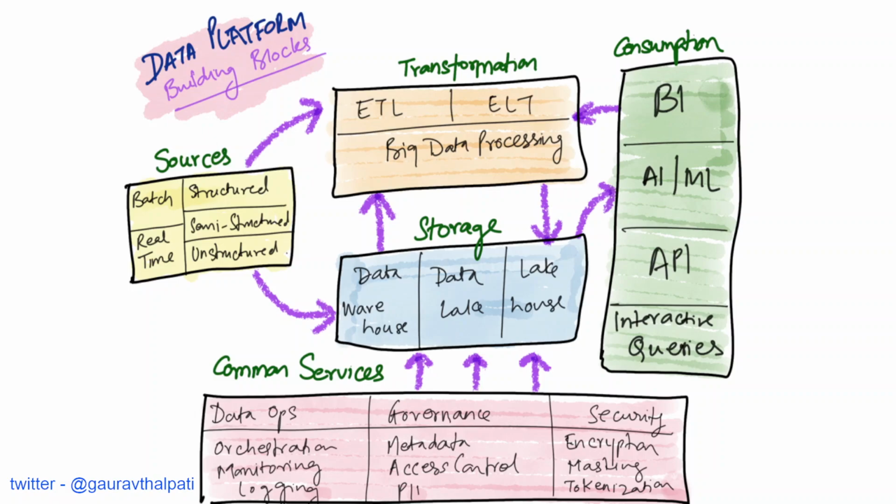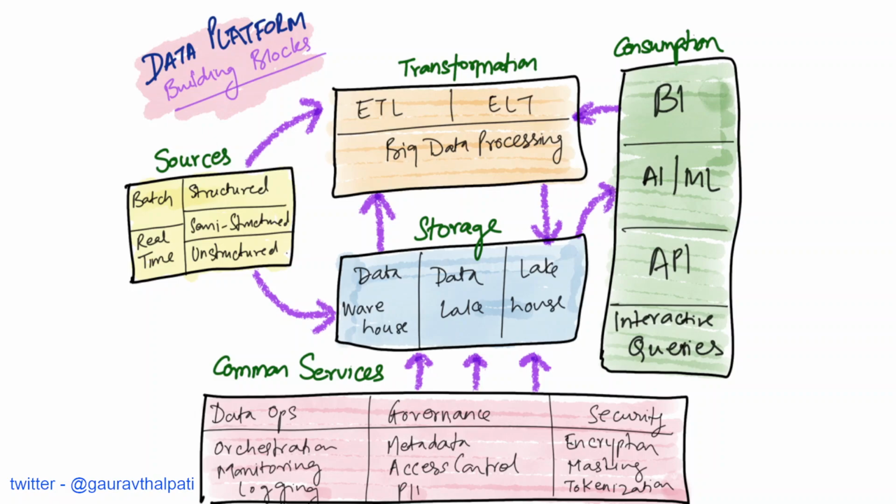Now the final part would be the consumption part. Right now, the sources, you understand what kind of sources you are getting, but the consumption is equally important for you to build the transformation and the storage part, right? Are you looking to build only a BI kind of workload? If that is the case, you just need a warehouse. But if you need something like AI/ML, you'll need a data lake also, right?